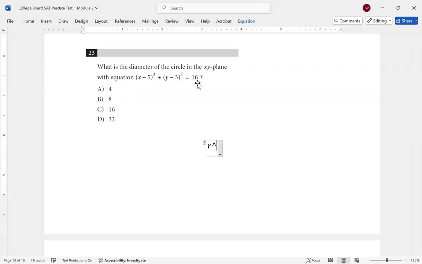So radius squared is equal to 16. That means that the radius of this circle is equal to 4. It's asking me for the diameter. The diameter is twice the radius. So the diameter is 2 times 4, or 8. And so B is the answer to number 23. The diameter is 8.